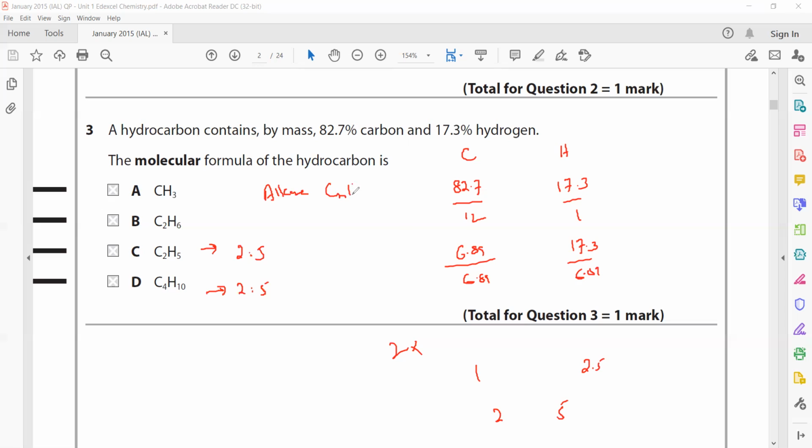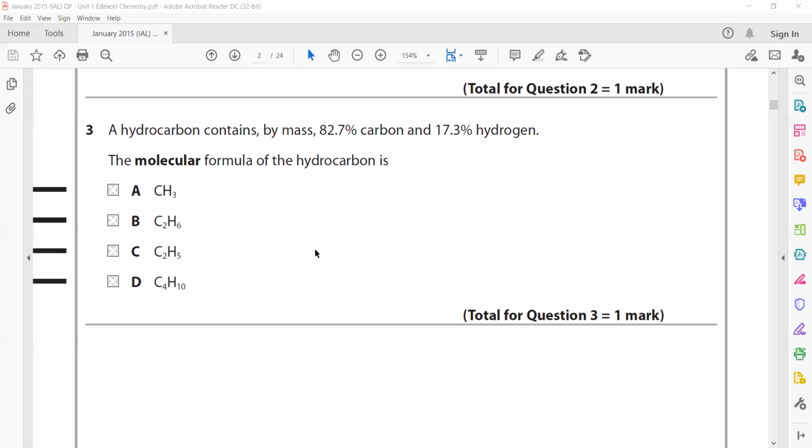If it was an alkane, the general formula is CnH2n plus 2. It could be an alkene, the general formula CnH2n, or it can be an alkyne, CnH2n minus 2. So it does not match with alkane, alkene, or alkyne. So that's why D is the right answer.